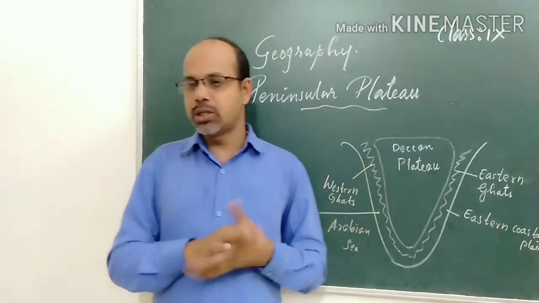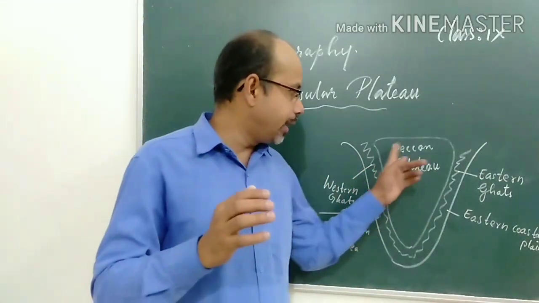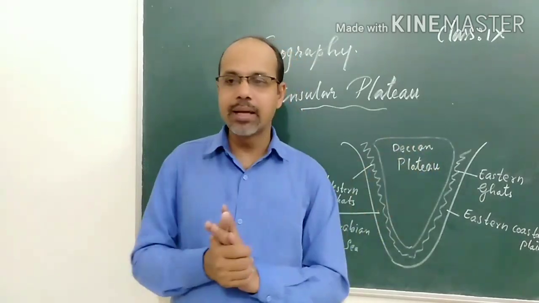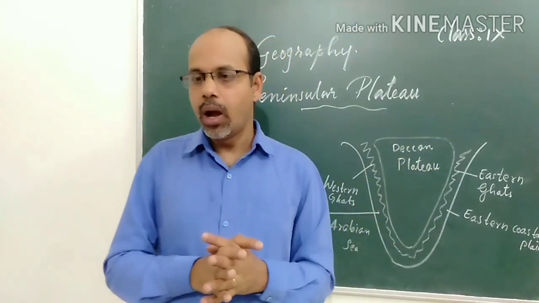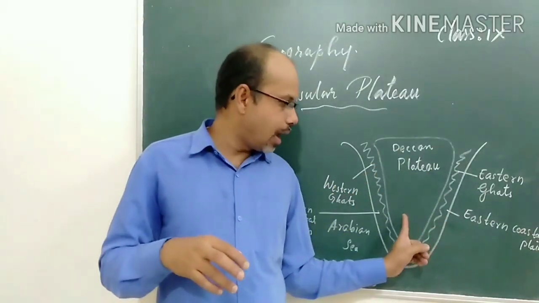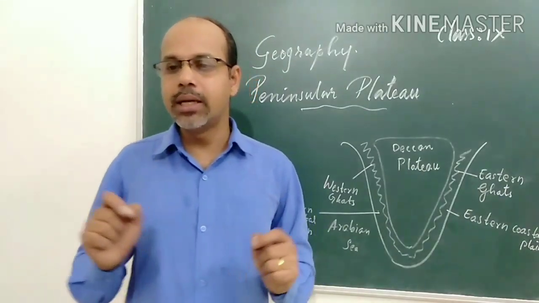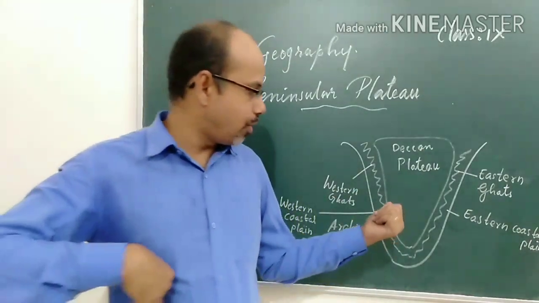An important feature of the Deccan Plateau is its black soil. The area where black soil is largely found is known as the Deccan Trap.